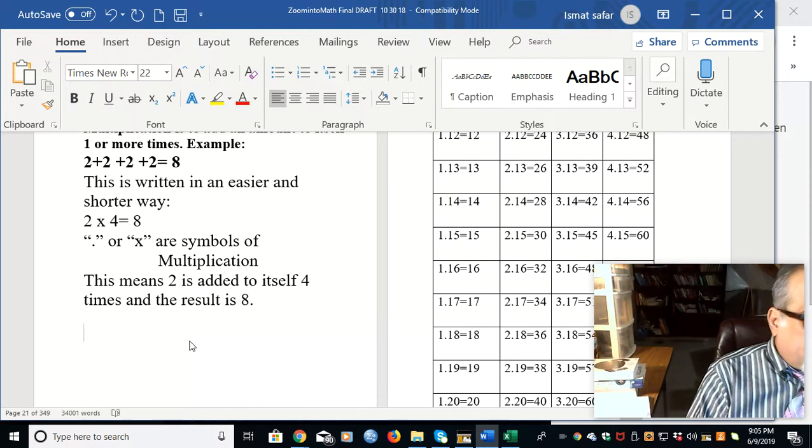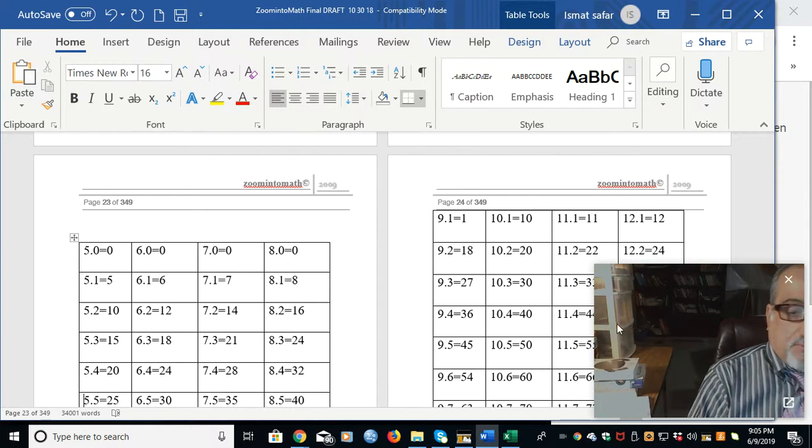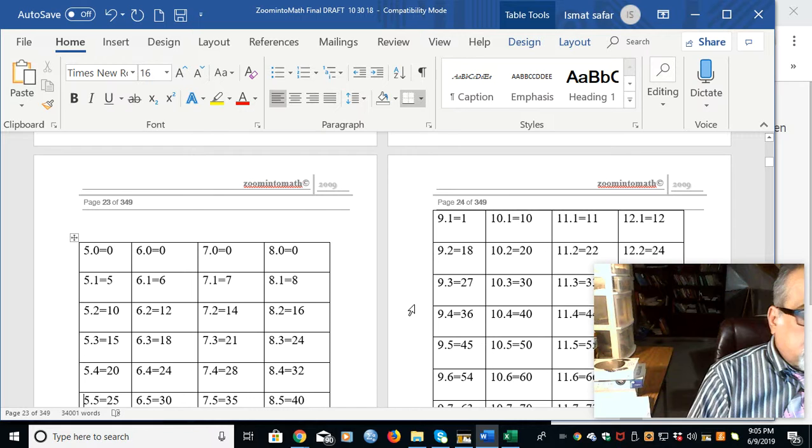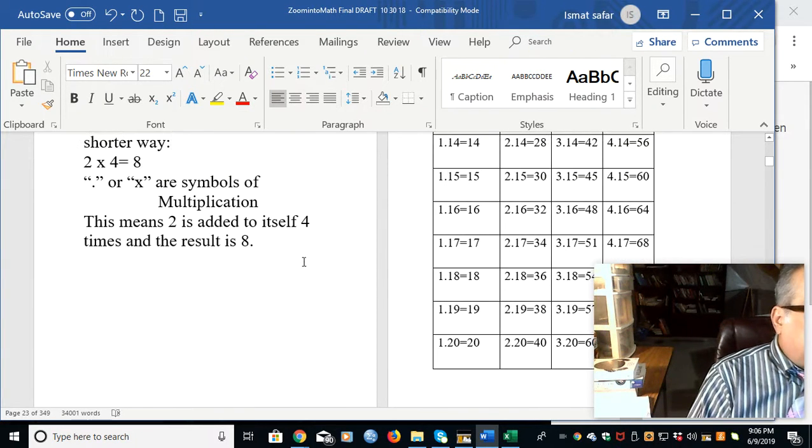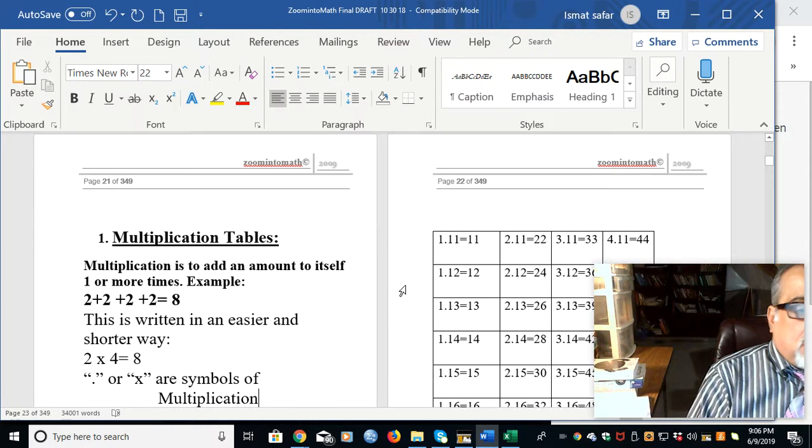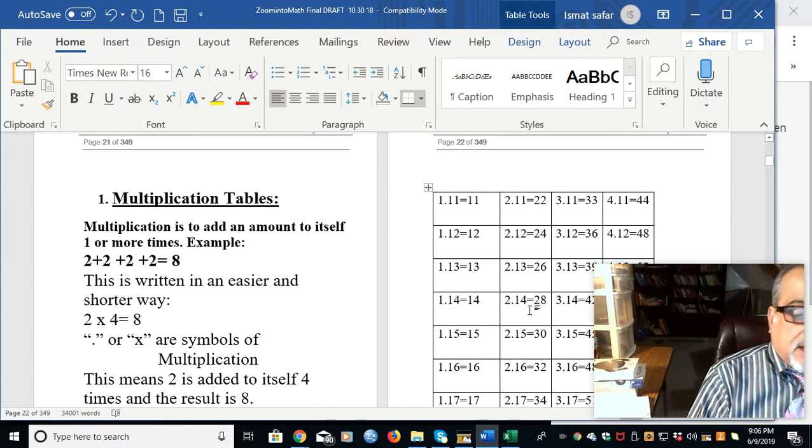Now, let's go back to multiplication. In order to check the multiplication tables, we start with all of these numbers. 1 times 11 is 11, 2 times 11 is 22, and go through them. 2 times 14 equals 28. 1 times 15 is 15.